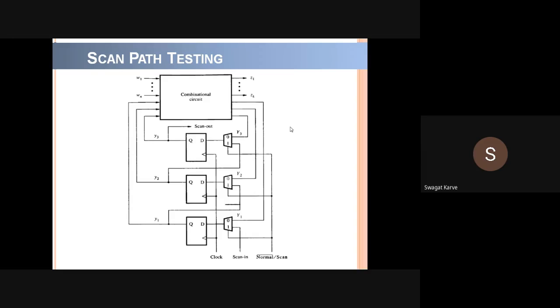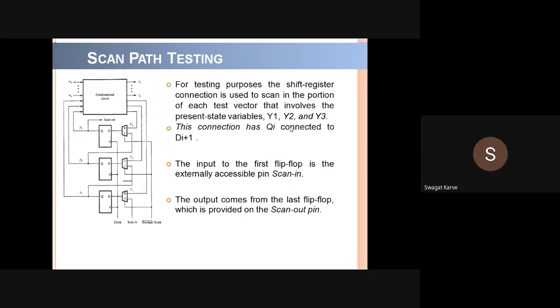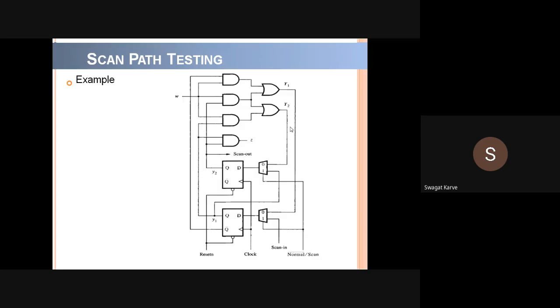Okay, now this is about the scan path testing. What I have explained to you is the same thing explained there. This is an example of scan path testing, how the DFT will look. So this is the circuit that is designed for testability, and this is your scan path testing unit.